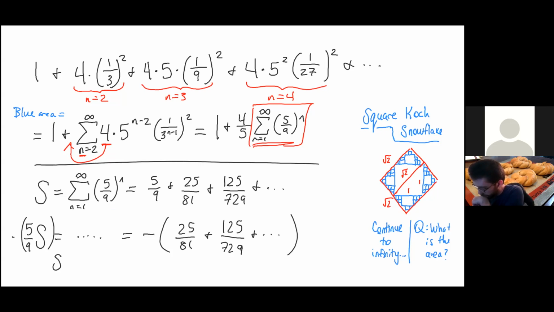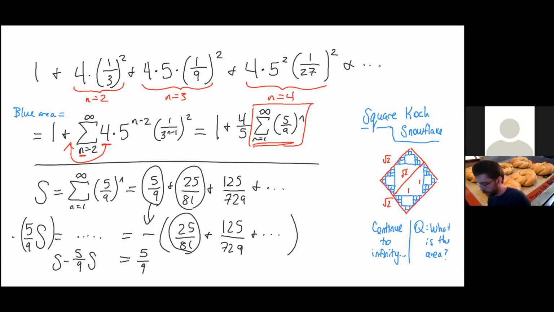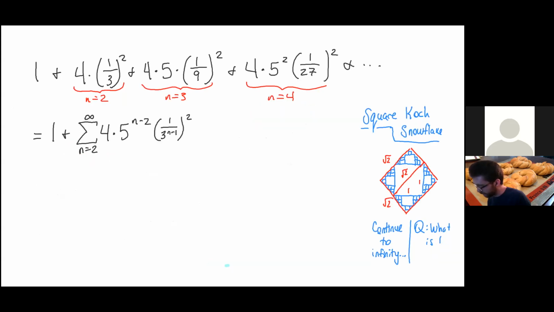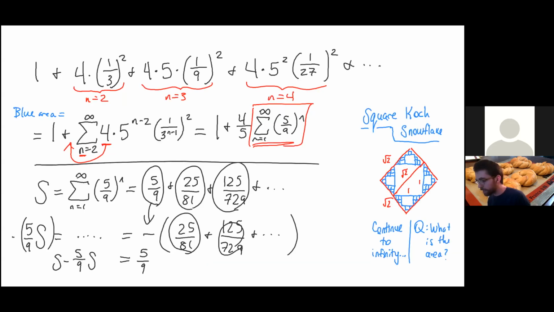Well, S minus 5/9 of S equals, okay, 5/9 doesn't have a term associated with it, so that hangs around. Then 25/81 minus itself is 0. This minus this is 0. Everything is 0. It's literally just 5/9. So that doesn't tell me what S is, but that tells me S minus 5/9 S is 5/9.